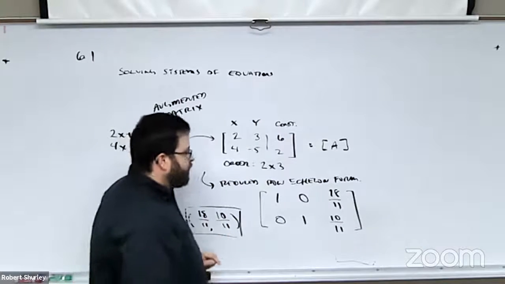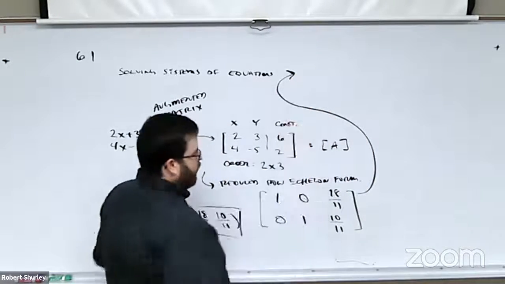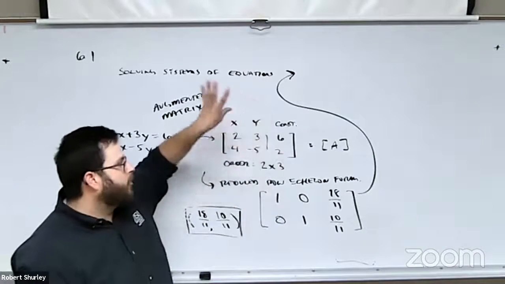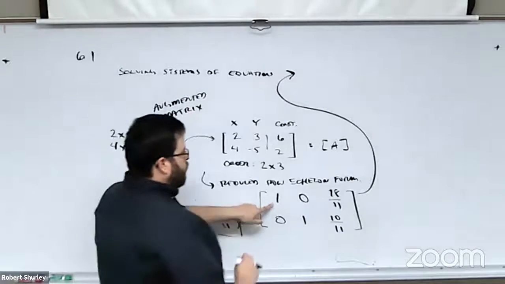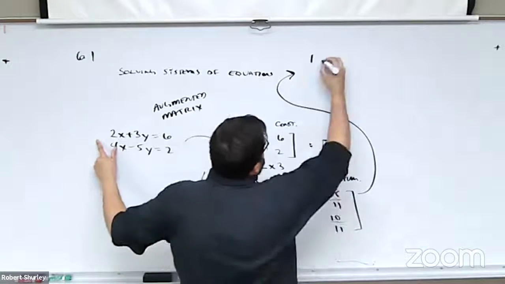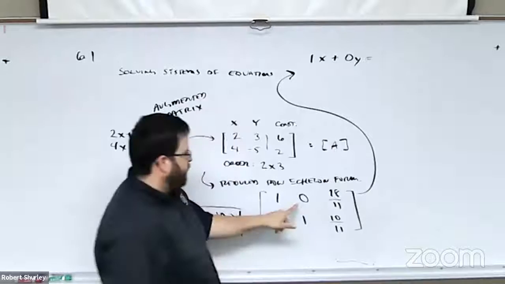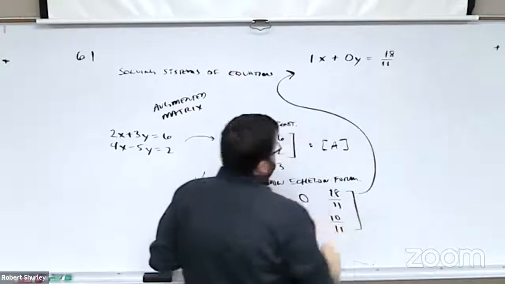So what we actually found here, I'm going to rewrite it up here because I have a little more board. If we want to go from the matrix back to the equation, remember, this first number is an x value. So 1x plus 0y equals 18/11ths.